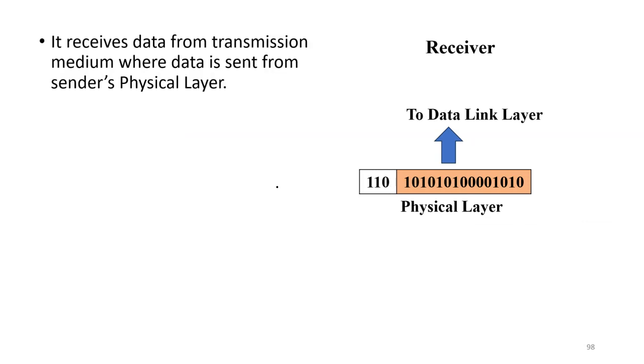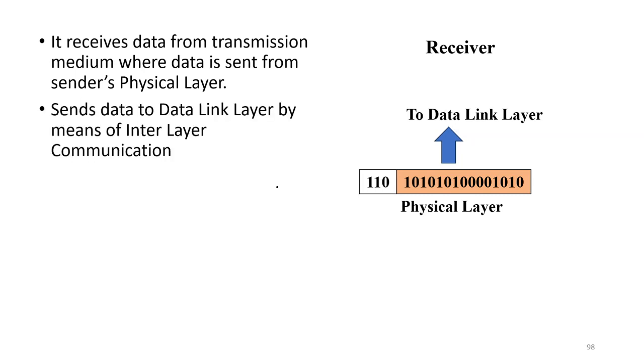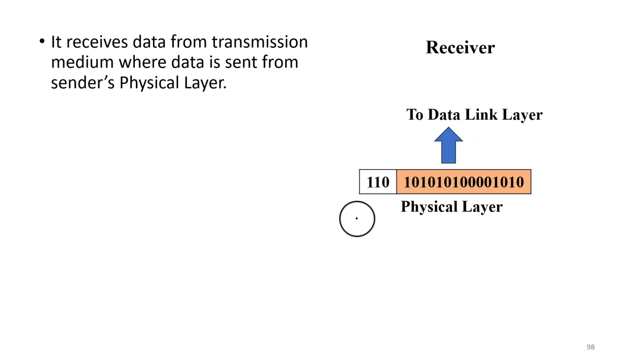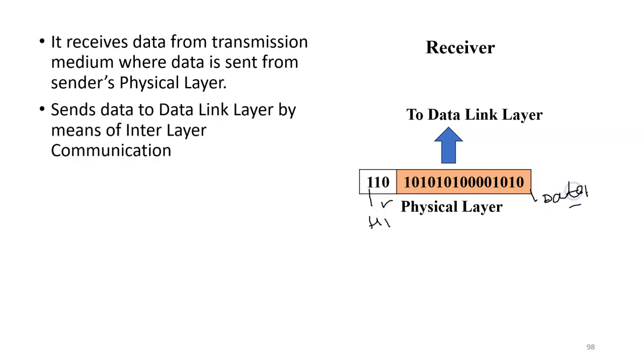So at receiver side, it receives data from the transmission medium, where data is sent from the sender's physical layer, and in this case it removes header h1, that is bit stream, and sends those remaining data to the upper layer, that is data link layer, by means of interlayer communication. Means in this case, physical layer provides services to the data link layer, which is upper layer.